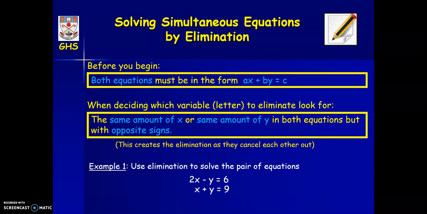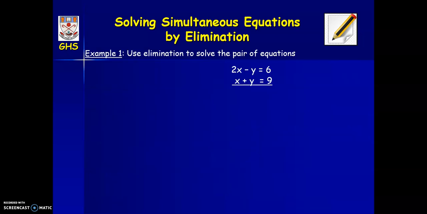So here it says use elimination to solve the pair of equations 2x minus y equals 6 and x plus y equals 9. So the first thing we do is copy the pair of equations down and label the equations 1 and 2. The next thing we've got to do is decide which variable, either x or y, we're going to eliminate.